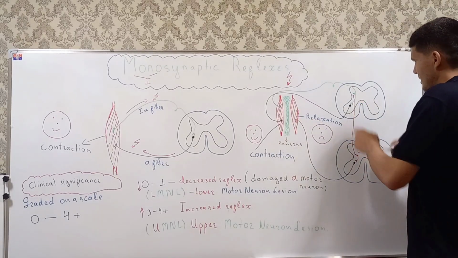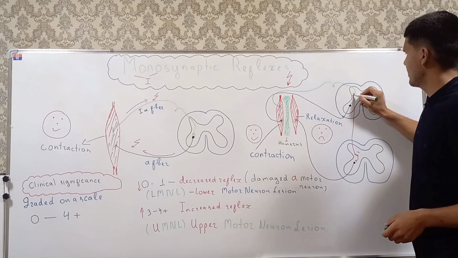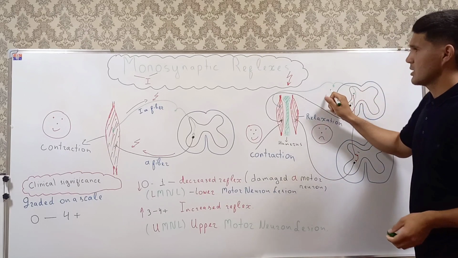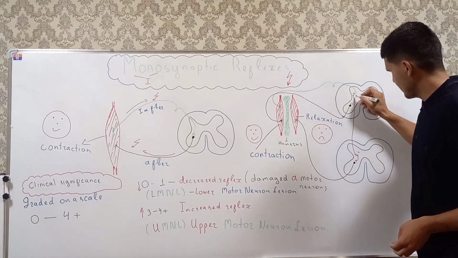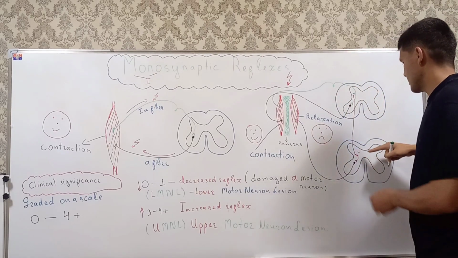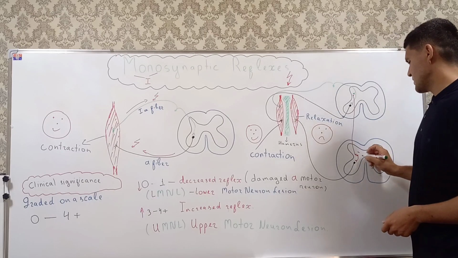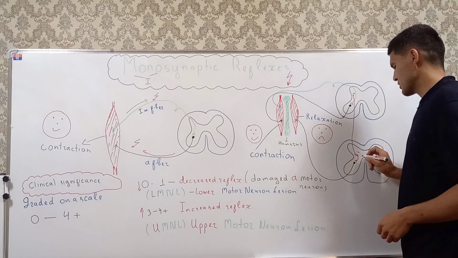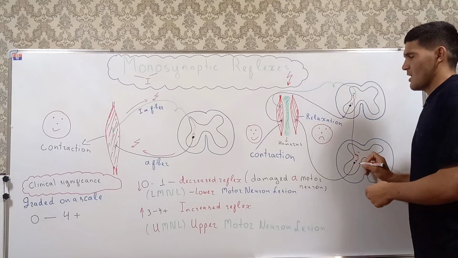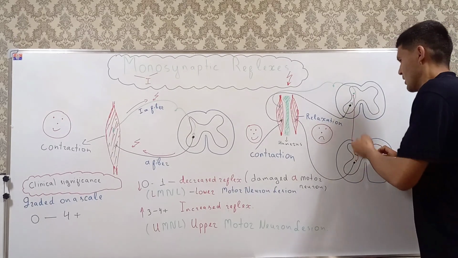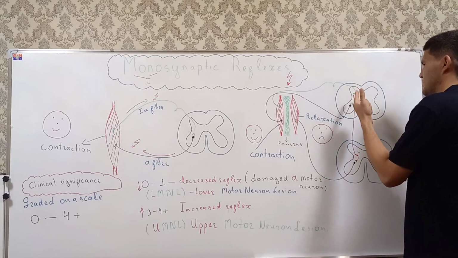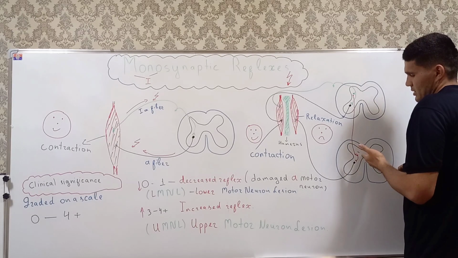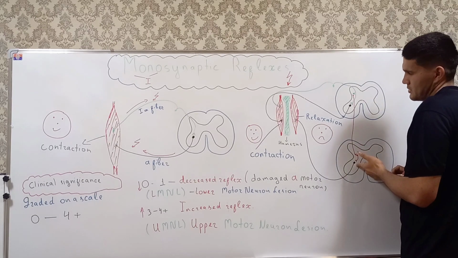You can find there is another neuron in red color synapsing with the 1A fiber, and it can carry information into another spinal cord segment, more specifically Renshaw neurons. The Renshaw neurons play an important role in inhibiting the alpha motor neurons. This synapse carries information to the Renshaw neuron, and the Renshaw neuron inhibits these alpha motor neurons.